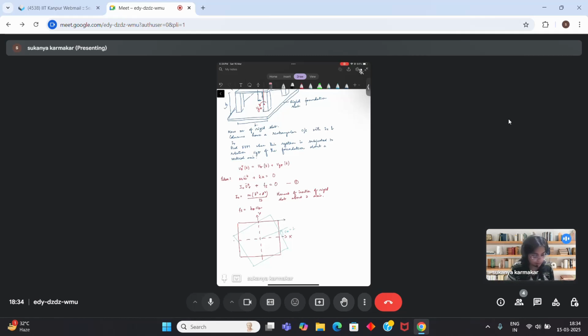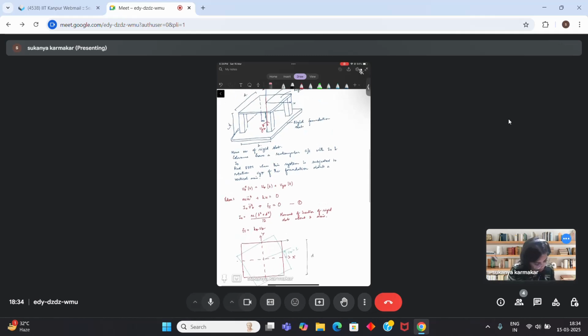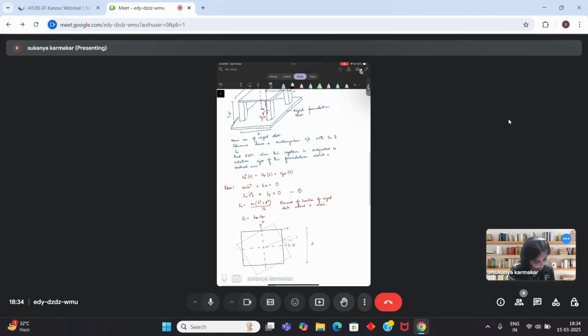What will be the value of it? If this length is d, this is at a distance of d by 2. So this force will be kx times d by 2.